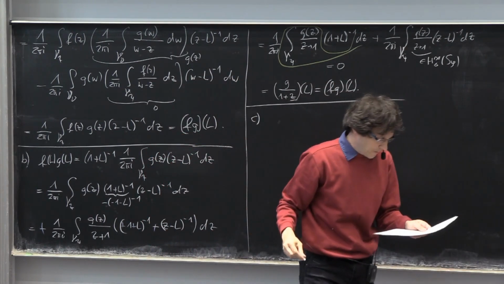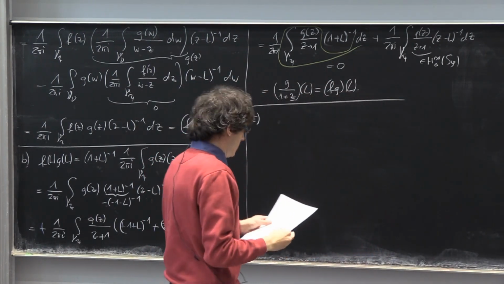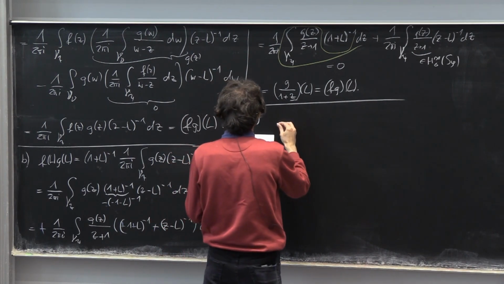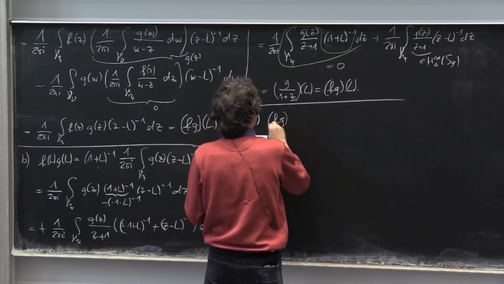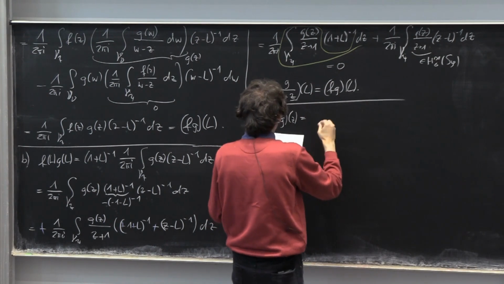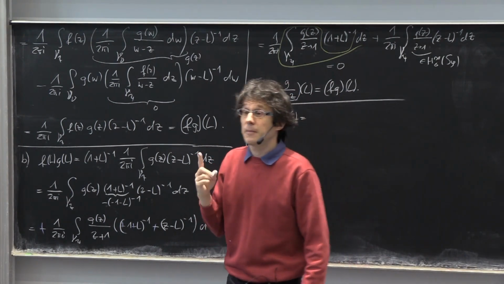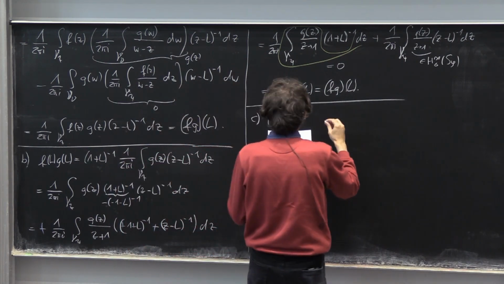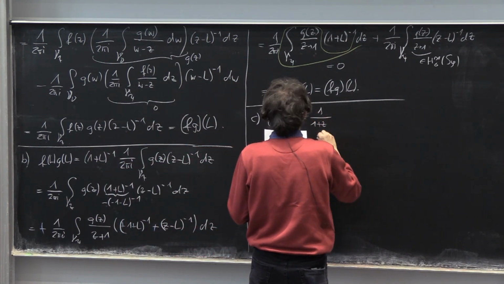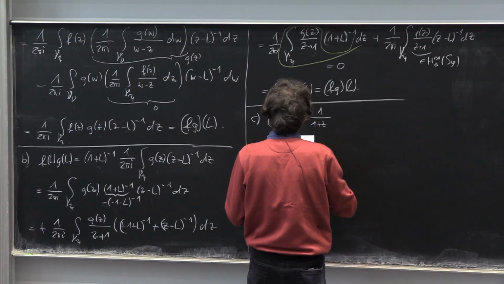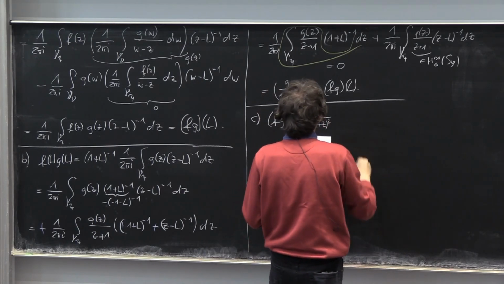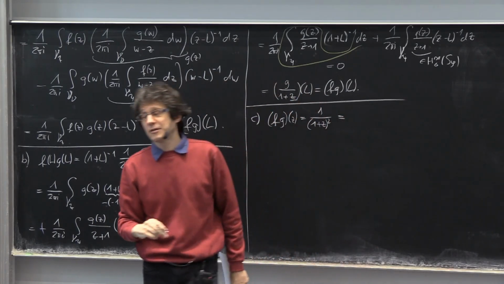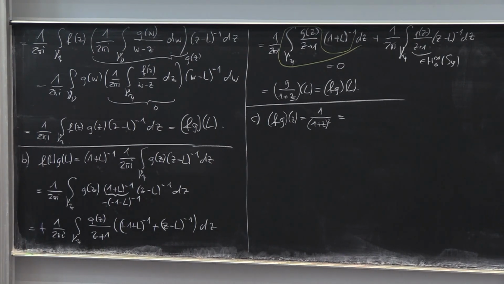And we are left with the third one. In the third case, f and g are both the function 1 over 1 plus z. So f times g of z is 1 over 1 plus z squared. Okay, and this is not a nice function to calculate what fg of L is, because it's not in H infinity 0.